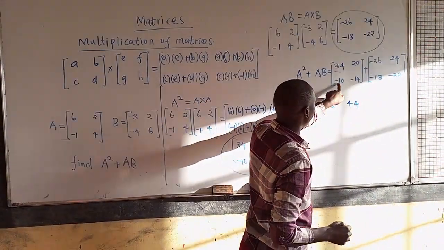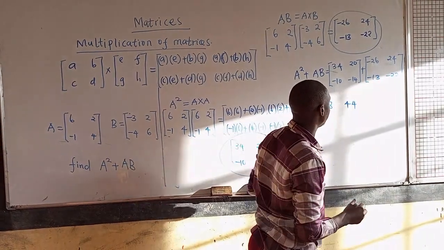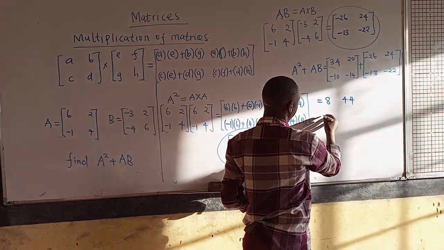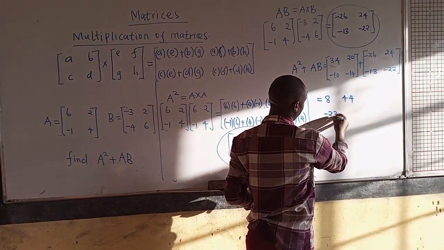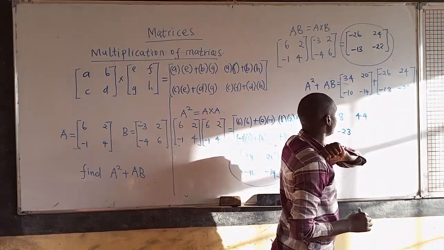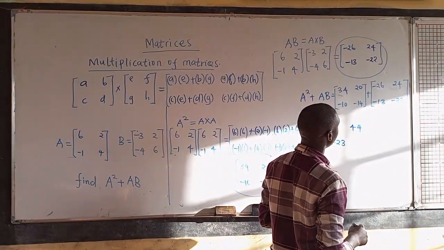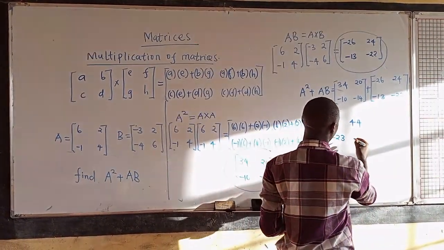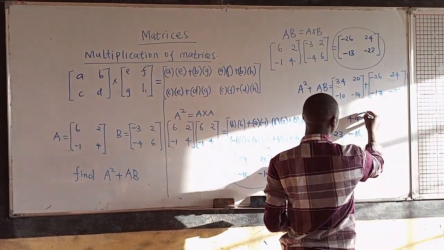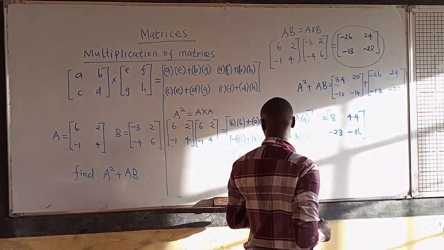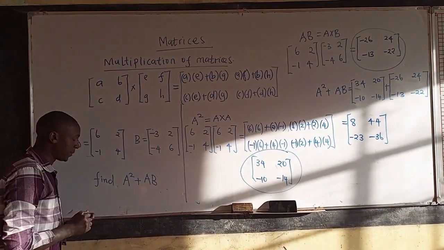And negative 10, you add to negative 13 is negative 23. And finally, negative 14, you add negative 22 is a negative 36. And that becomes our solution for this problem over here.